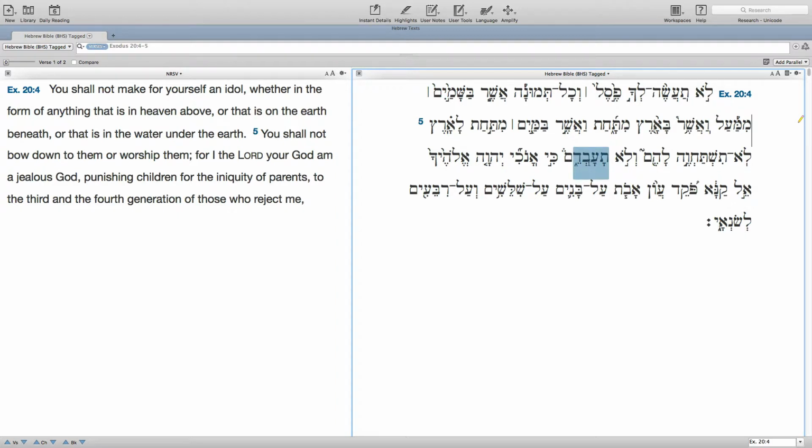So this is assumed to be from ayin vet dalid, avad, la'avod, to work in modern Hebrew, but in biblical Hebrew it has more of a sense of to serve God or to worship. And so when people translate worship, they are assuming a different vowel pattern under this word.